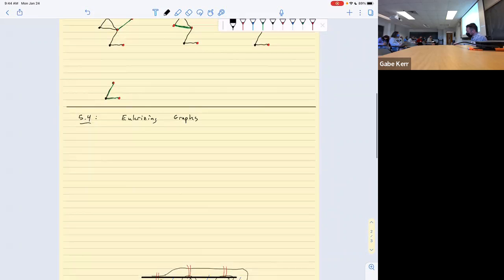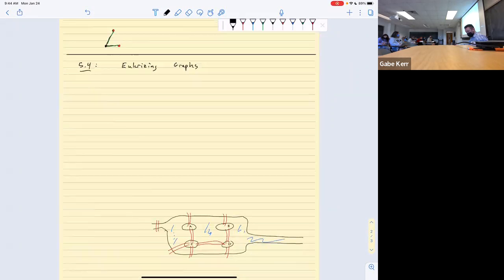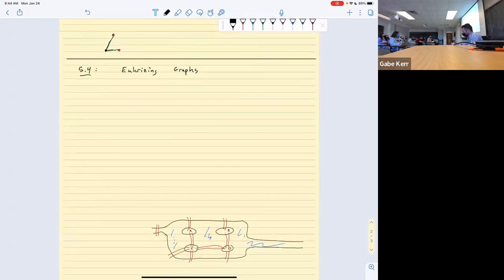This is a fancy way of just saying that we're going to add some edges to the graph to force Euler's theorems to be valid, let's say.